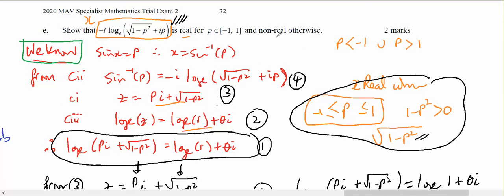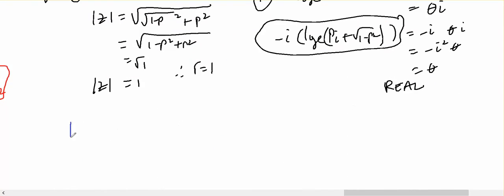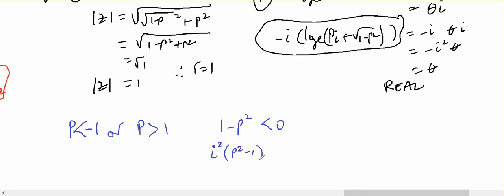Now to show that it's not real otherwise, I've got to show that r doesn't equal 1. So how might I do that? When p is less than -1 or p is bigger than 1, then 1 minus p squared is negative, which means I can't take the square root of it. So if I multiply it by i, then I can take the square root. So what have I got?